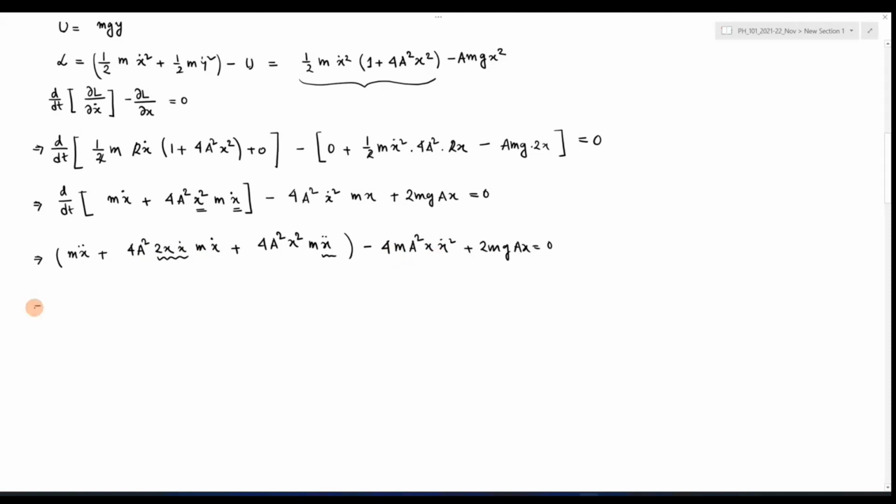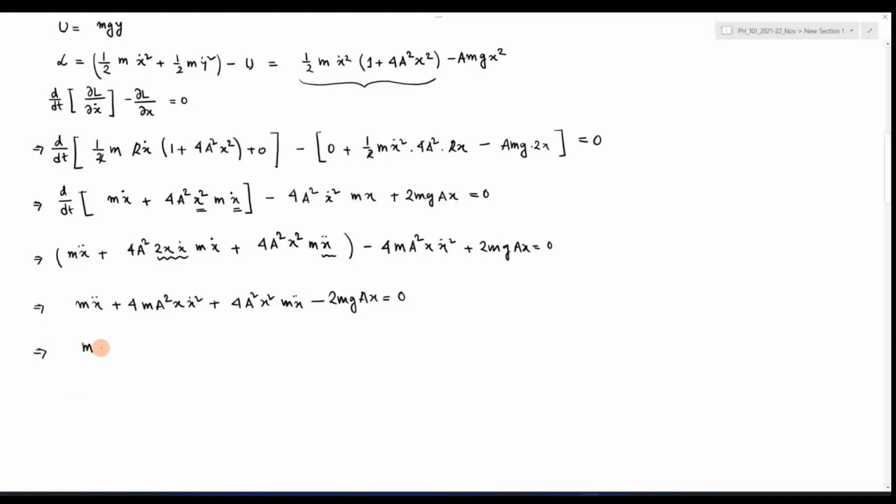So if you simplify this, it will become m x double dot plus 4 m a square x x dot square, plus 4 a square x square m x double dot, minus 2 m g a x. Okay, so this is the final answer.